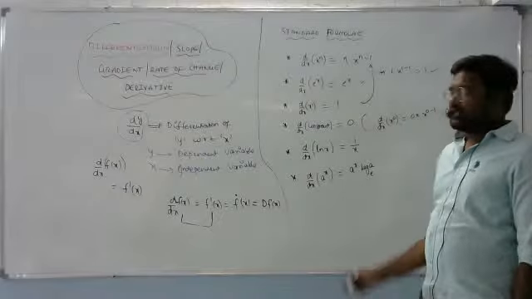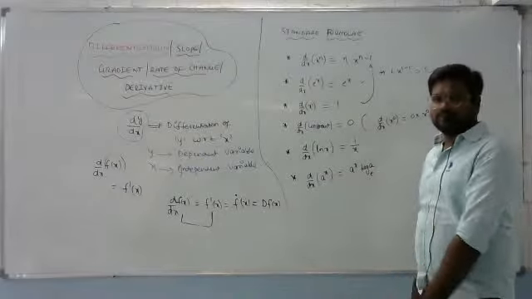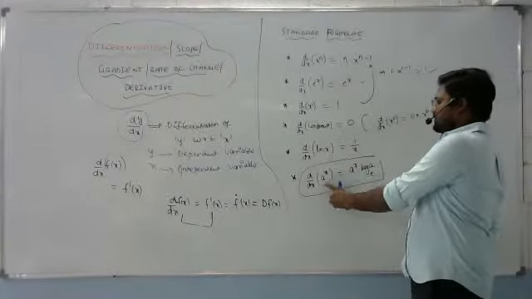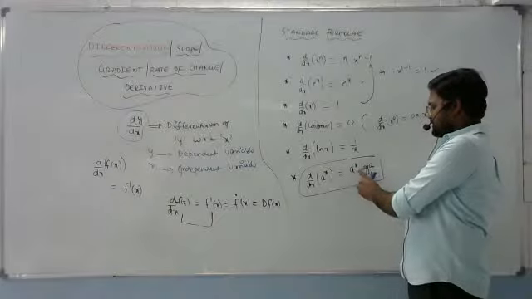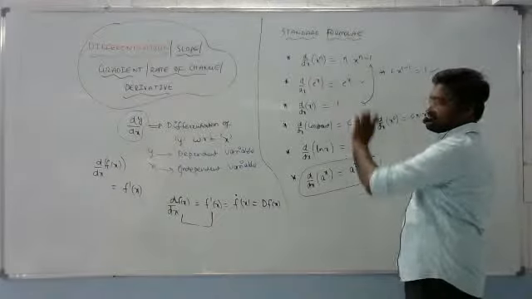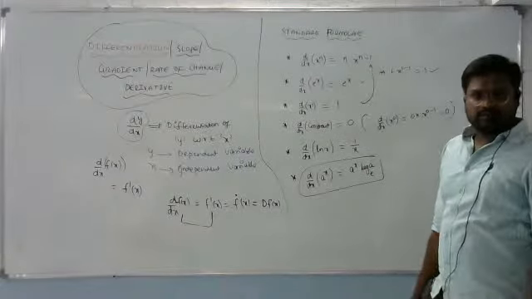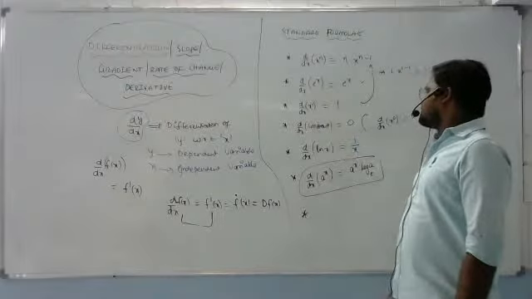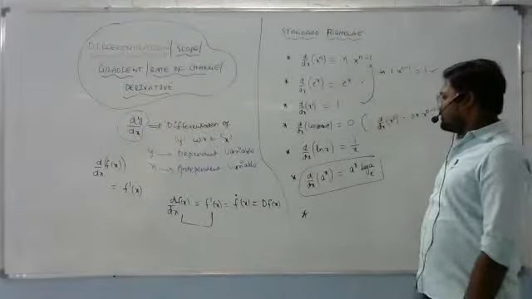Both are the same. Understood? Ln means it is base e. Please remember this formula also. And here, if you replace a by e, you will get e power x into log e base e. Log e base e is 1. So that's why we are getting e power x. Clear? So these are the basic formulae for elementary functions.